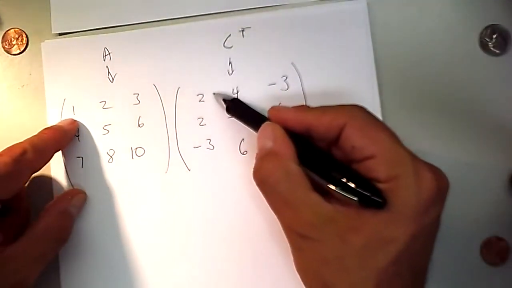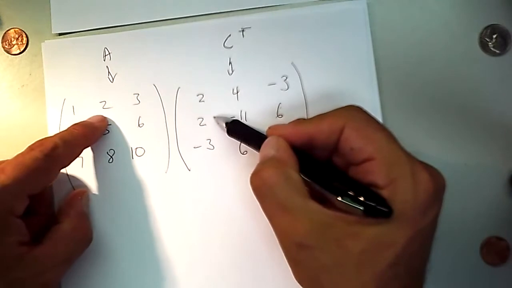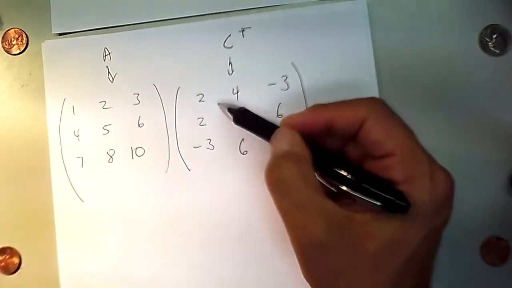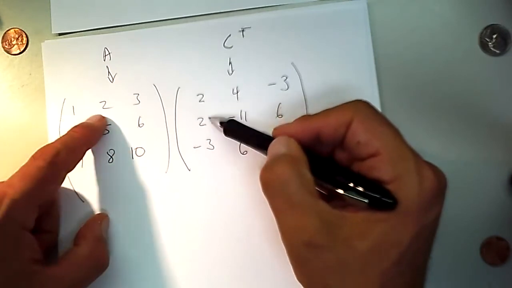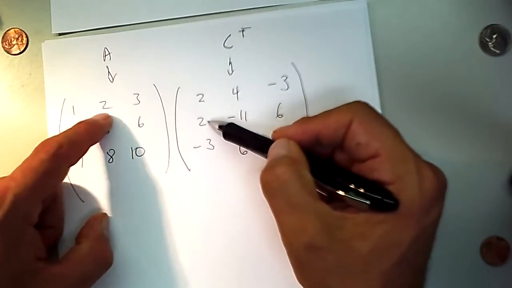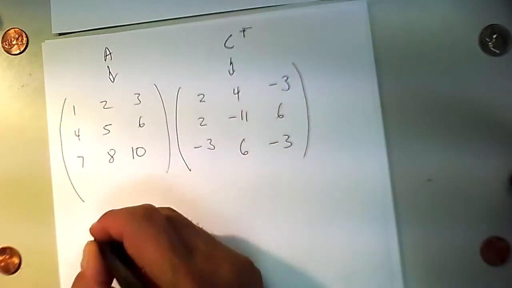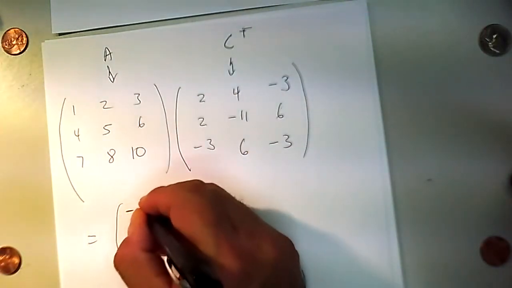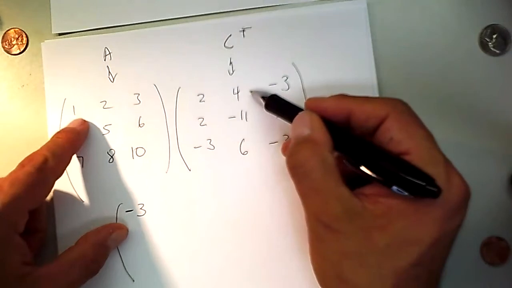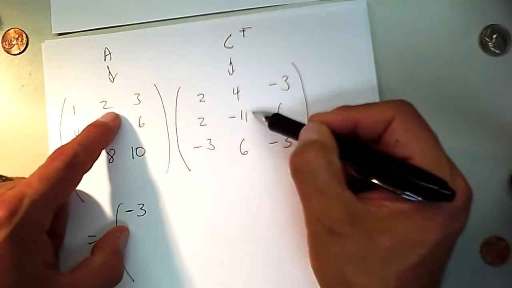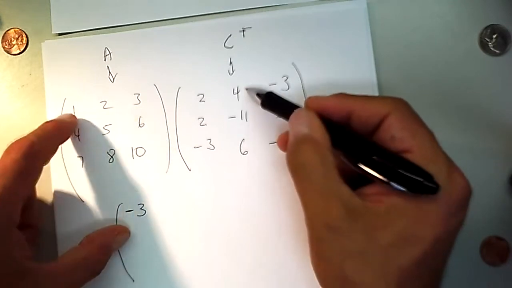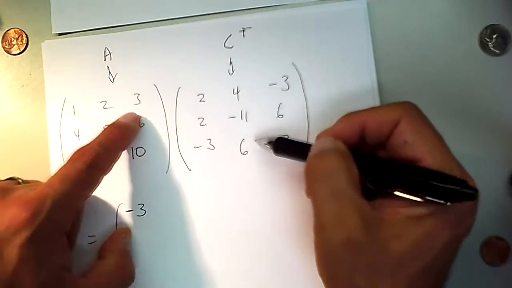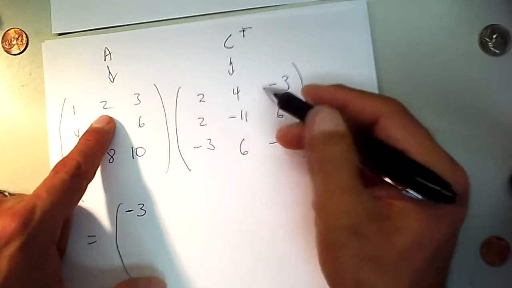So we get 2 and 4 minus 9. 2 and 4 is 6 minus 9, negative 3. 4 minus 22 plus 18. Okay, so 4 plus 18 is 22, minus 22 is 0.